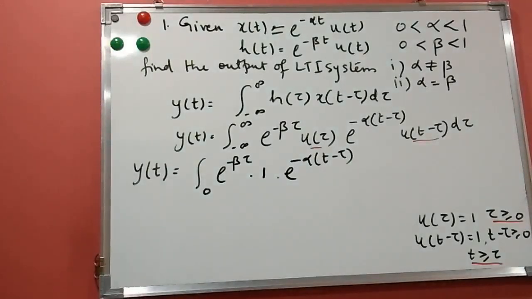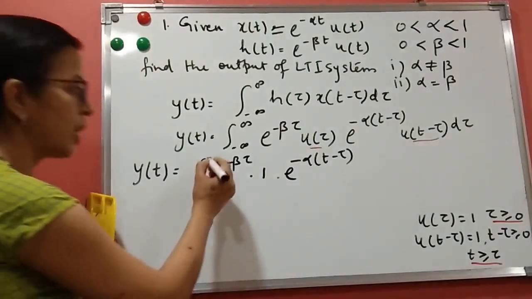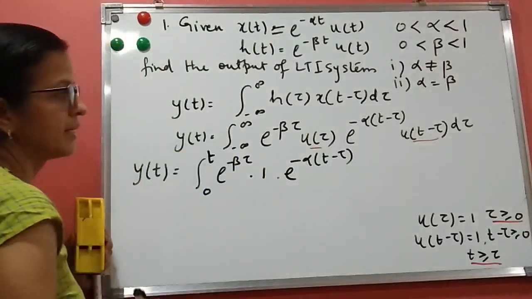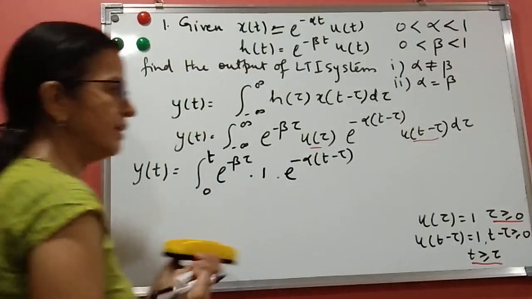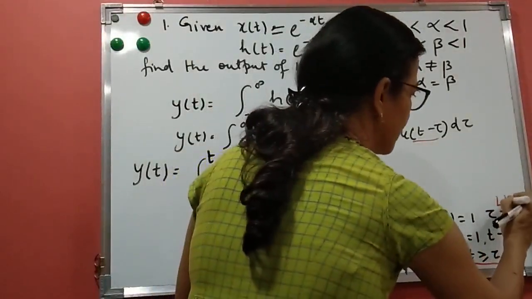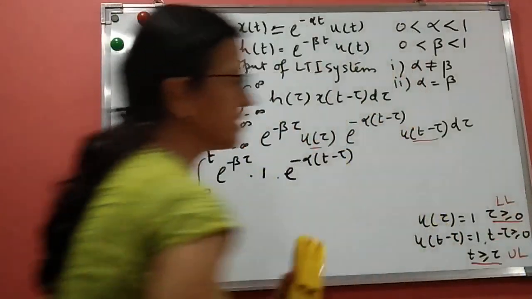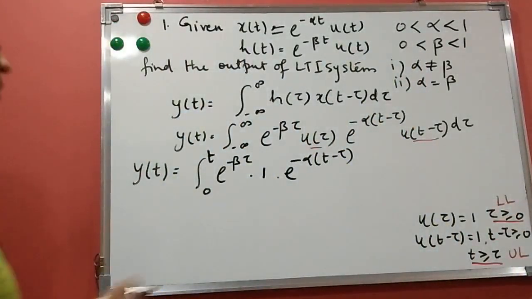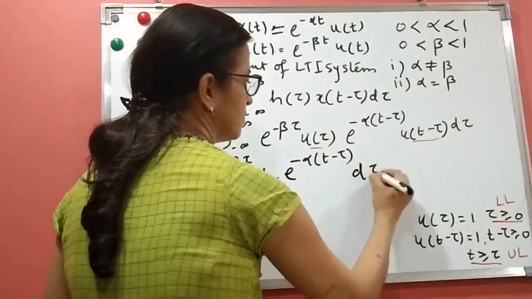Tau has to be less than or equal to t, and that is the upper limit. So this is the lower limit and this is the upper limit. Always it will be decided like this, and then d tau.